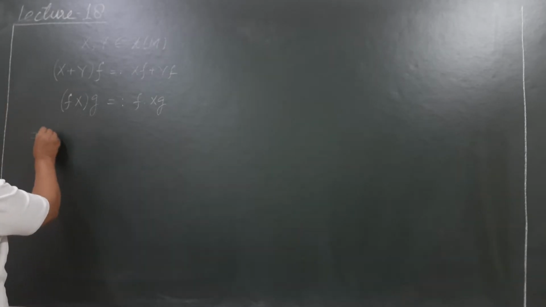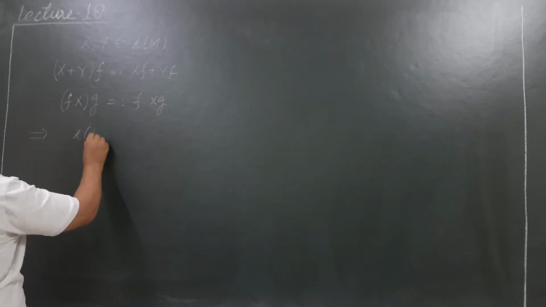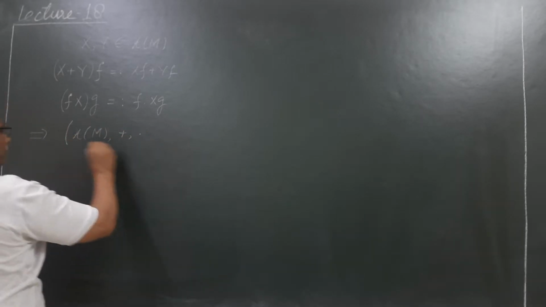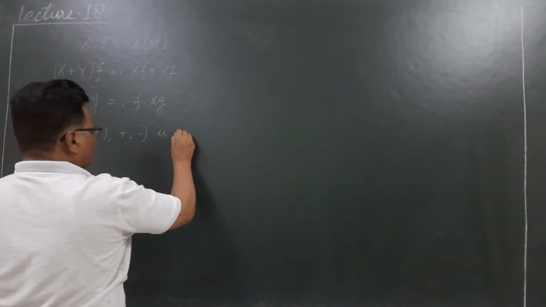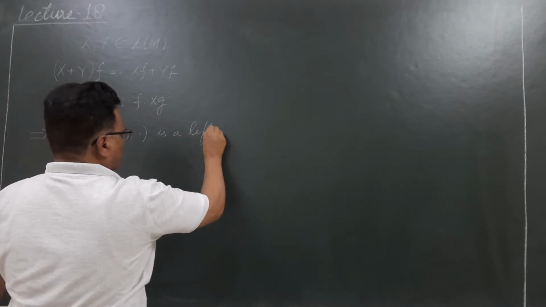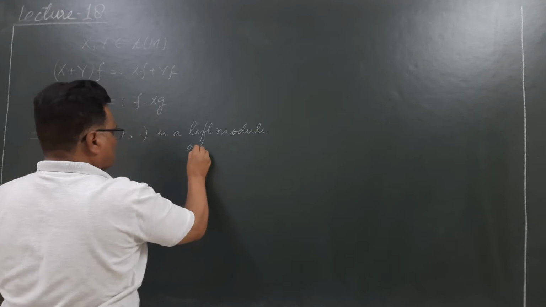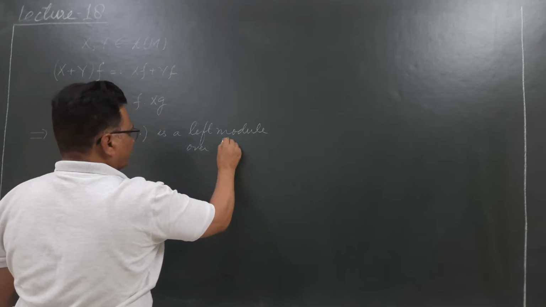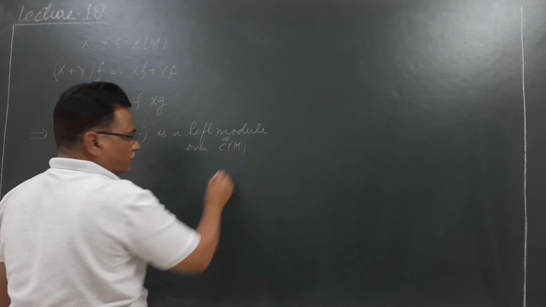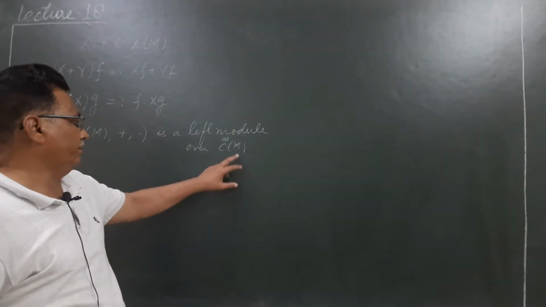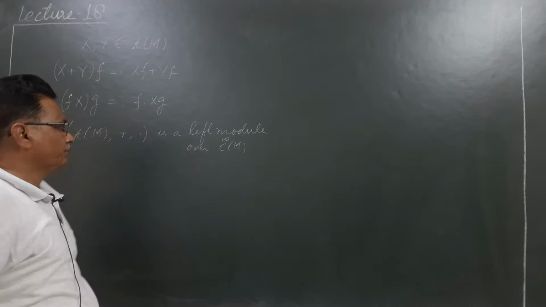So, we observed over here that χ(M) is a left module over C∞(M). C∞(M) is the space of all real valued differentiable functions on M. This forms a ring.